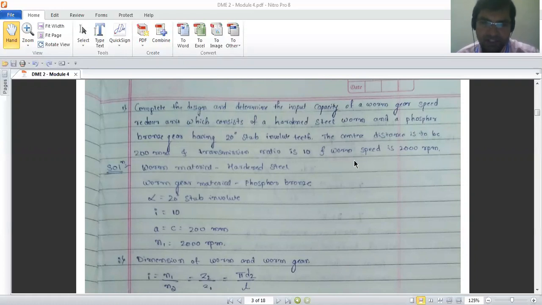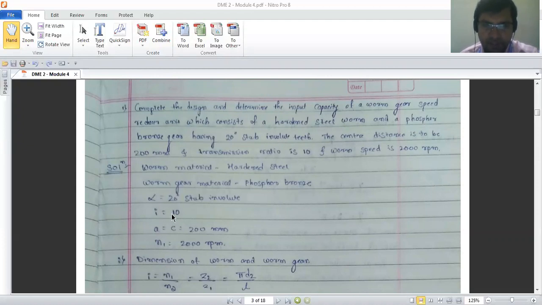With this description of the problem, first let us note down the given parameters. The worm is made up of hardened steel, whereas the worm gear is made up of phosphorus bronze. The pressure angle alpha is given as 20 degree stub involute.